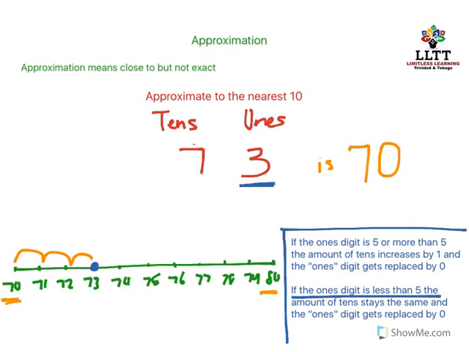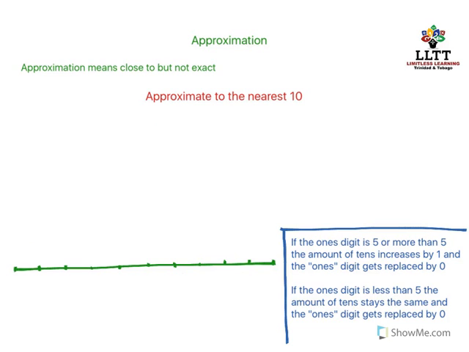And let's do one more example again with approximating to the nearest 10, just so that you understand. So let's make this one a little more challenging. Let's say we have the number 127 and we wanted to approximate this to the nearest 10.